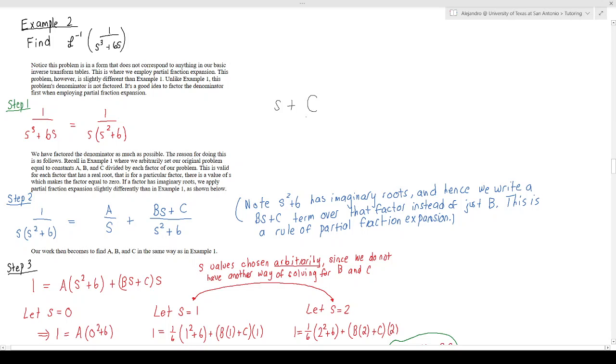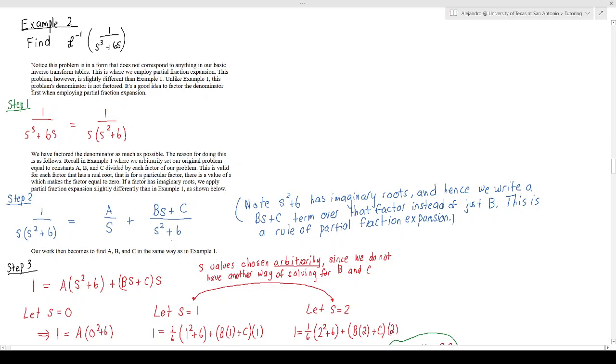The reason being, if we want to find the roots of s squared plus 6, we set that equal to 0, and using the quadratic formula, we find that we're going to have imaginary roots. And so that's why we write bs plus c over s squared plus 6.